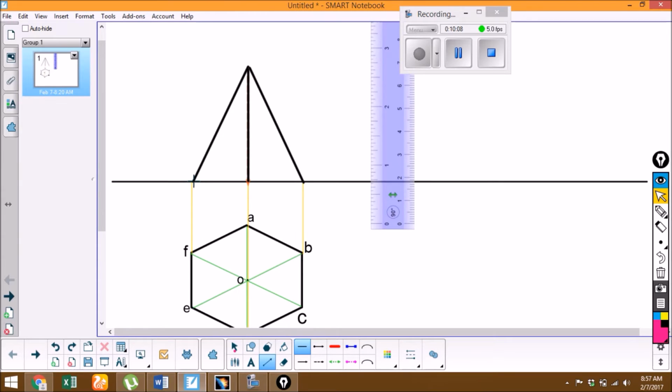Then we have to give the points. The front view corners must be represented by small case letters with dashes.